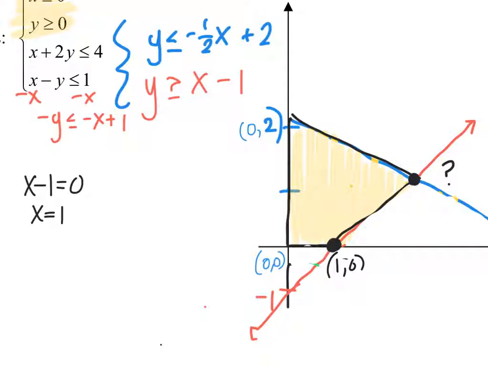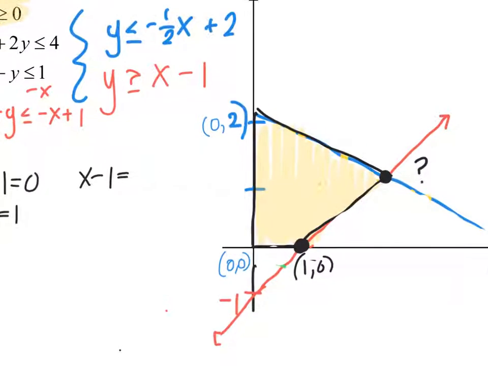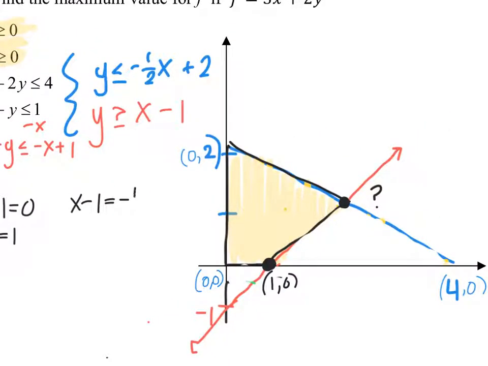The last dot is where the red and blue lines intersect. So that's x minus 1 equals the other one, and the other one was negative 1/2 x plus 2. That's the red line and the blue line intersecting each other. And so I want to solve for that, which means I add 1/2 x to both sides. That gives me 3/2 x minus 1 equals 2.